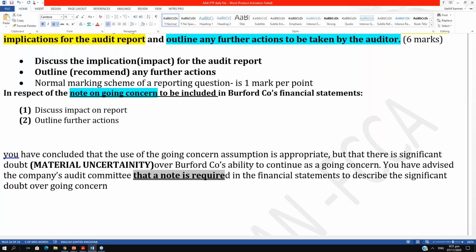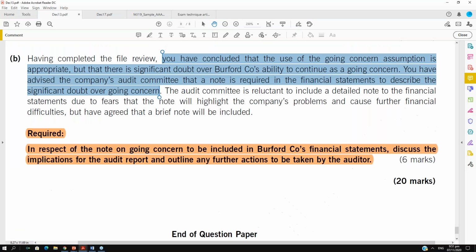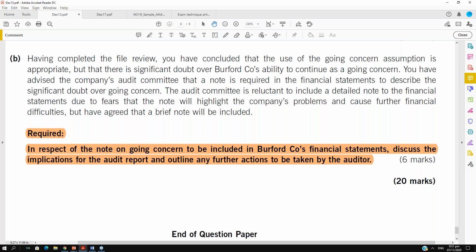Okay, let's see what the audit committee is doing. Does the audit committee agree or disagree? You go back to the case study and read the case further. The audit committee is reluctant. Now, the moment you see the word reluctant, reluctant means disagree.